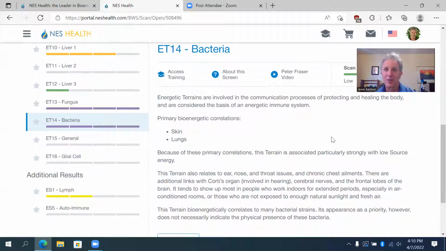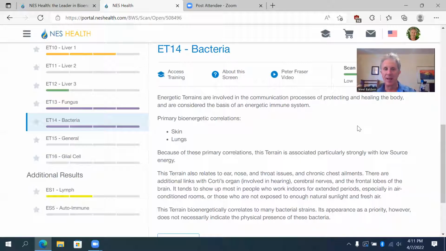It's the same thing. So the terrain is really referring to, it's not that there is an infection per se, it is that there is an imbalance in the case of 13 and 14 with the fungal and bacterial organisms that are helpers in the system. So we're going to reestablish the microbiome in this case. And the microbiome can be a gut microbiome, it can be in the tissues, it can be anywhere in the body, it's not just in the gut.